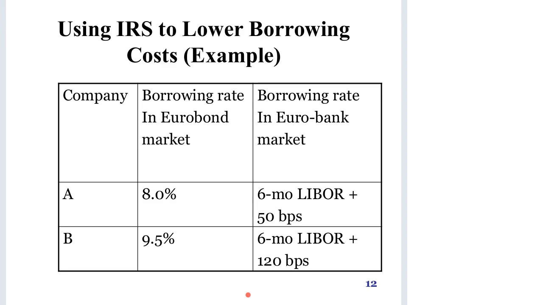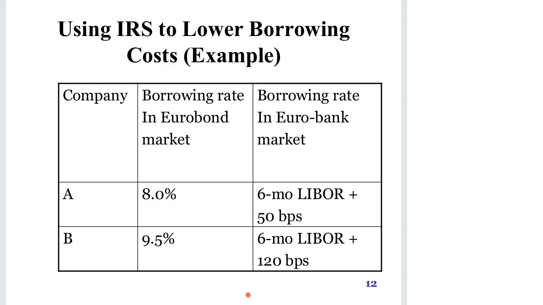Which means what? Given the creditworthiness, company A is necessarily better off than company B on an absolute basis. However, on a comparative basis, B is better off in the floating rate market than in the fixed rate market.